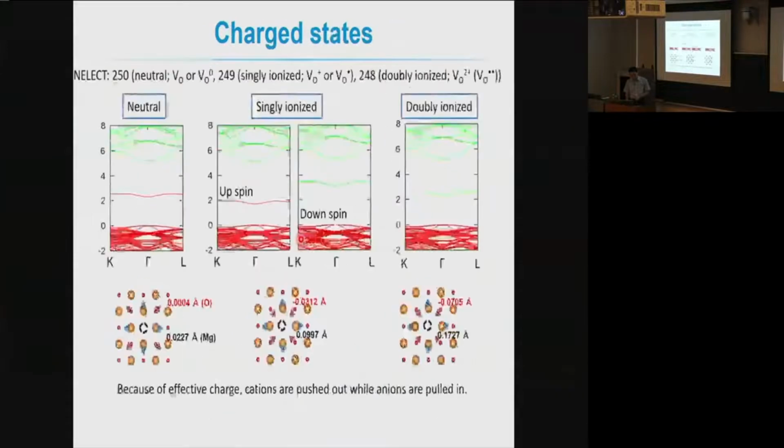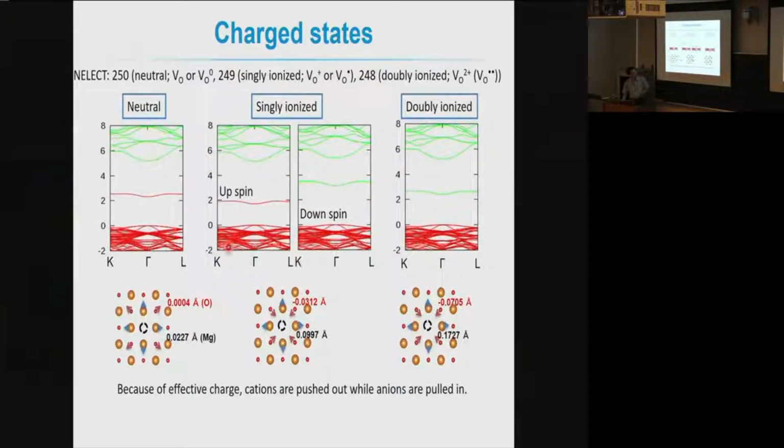So that was the neutral vacancy, the basic starting point when you study a defect. You can also study defects that are charged, that is to say, the defect level does not have the 2 electrons.